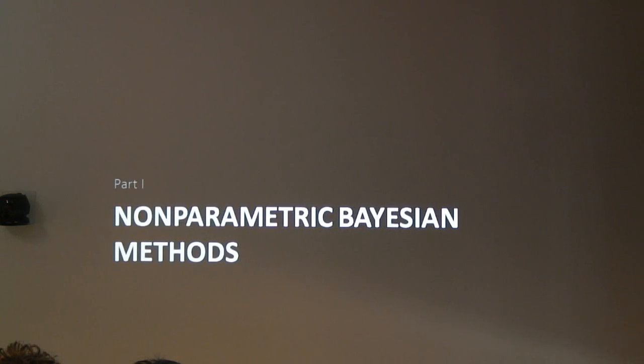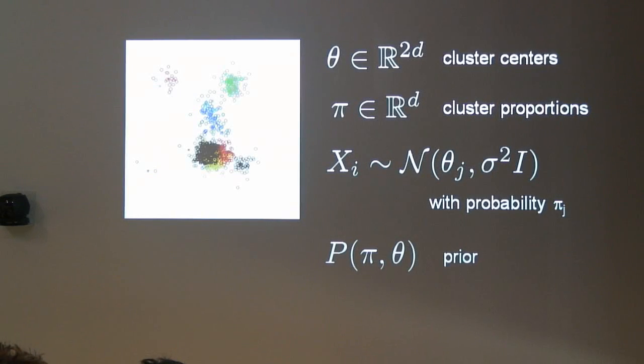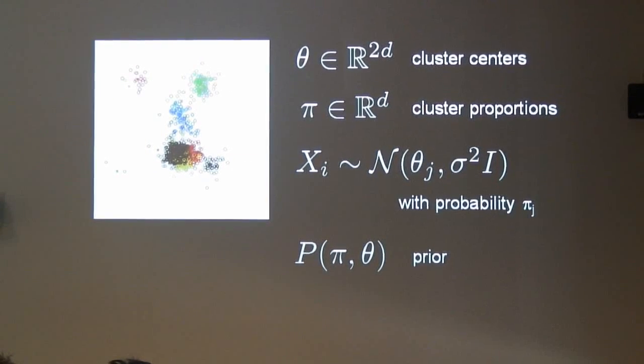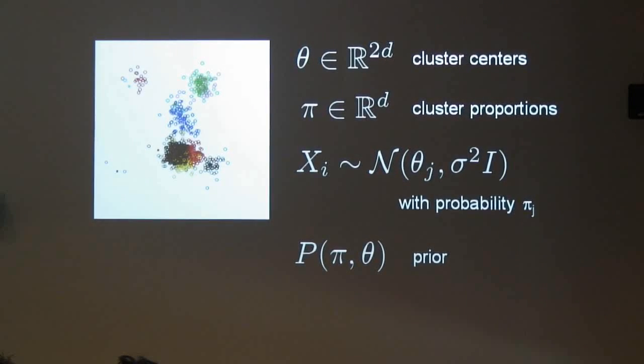So nonparametric Bayesian methods, to introduce them, I'll start with an example that is maybe the poster child for this domain. And the example is clustering. You have a number of data points, and let's say a simple clustering problem where you want to cluster points into roughly Gaussian bumps.